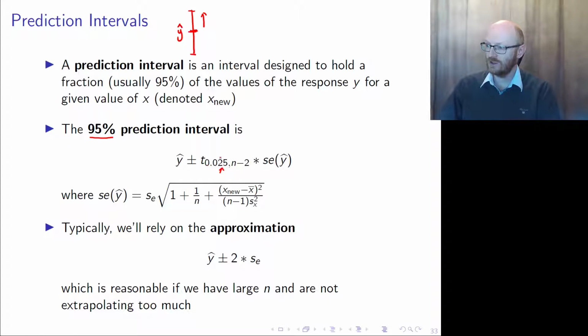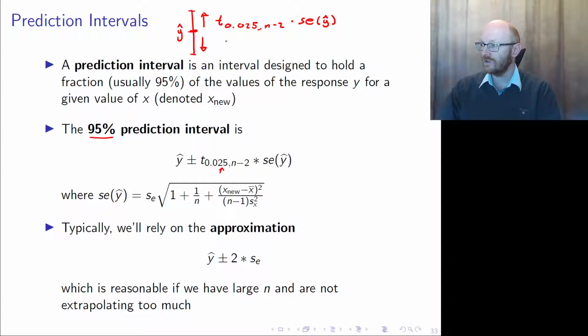So that's why you choose the critical t-value, which will give you 2.5% in each tail. So then you go up by this critical t-value, which is the number of standard errors you have to move, t 0.025 with n minus 2, which is the degrees of freedom, times the standard error of the point estimate itself.